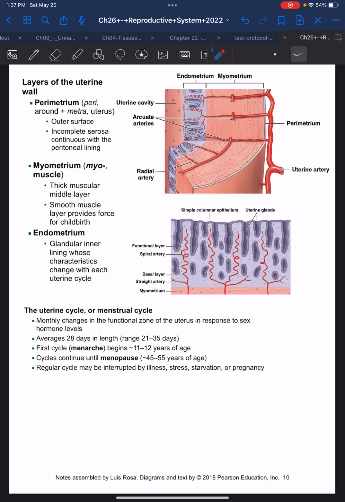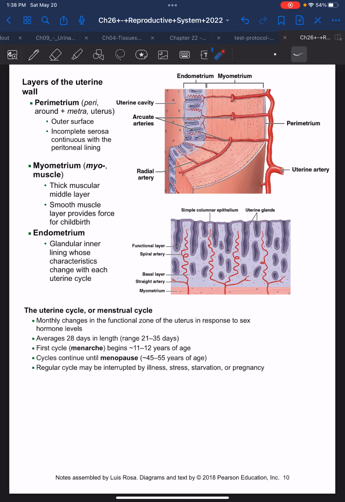It's referred to as the uterine cycle, which is easier because we're dealing with the uterus, but that's also what we've always called the menstrual cycle. What's of particular interest is that this segment changes every month, and its role is to catch a fertilized embryo. And when it doesn't, it sort of resets.